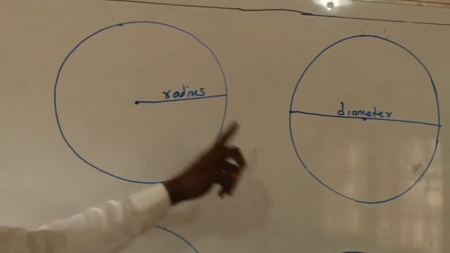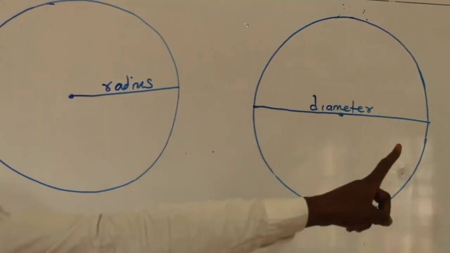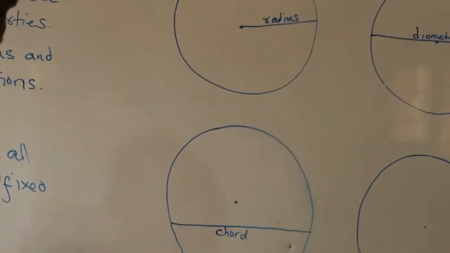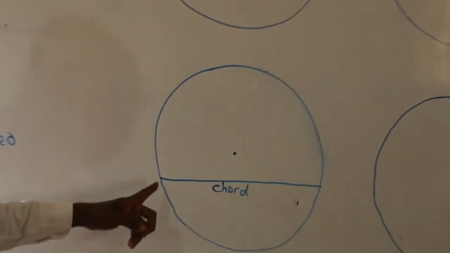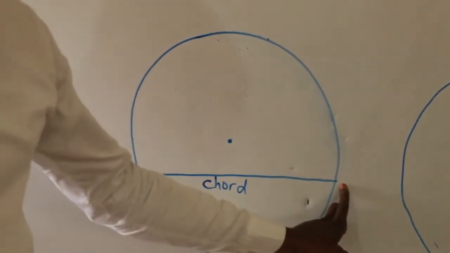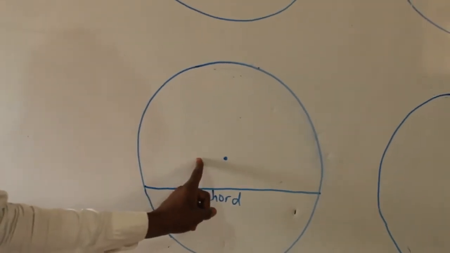The diameter is that one drawn from any point in the circumference to another point which crosses the center of the circle. A chord is a line drawn from one point of the circumference to another point without touching the center of the circle.